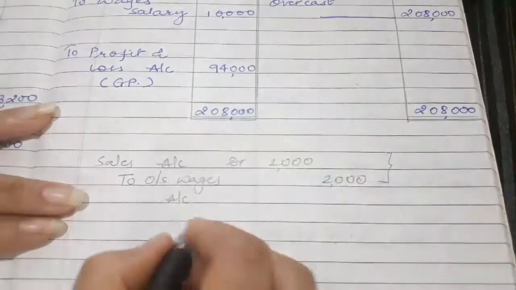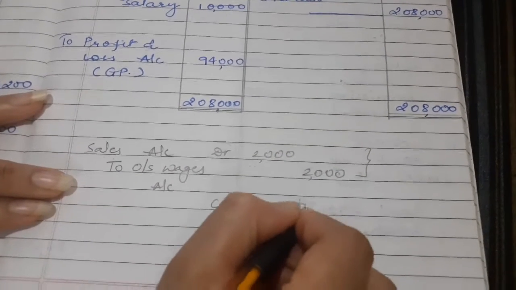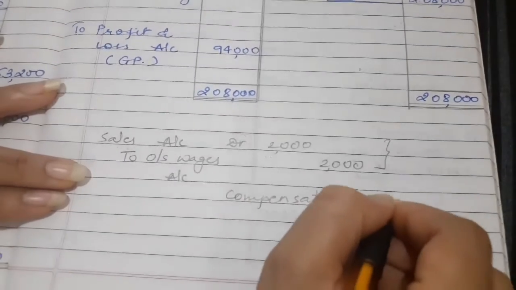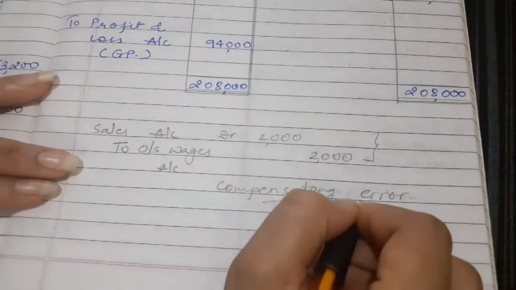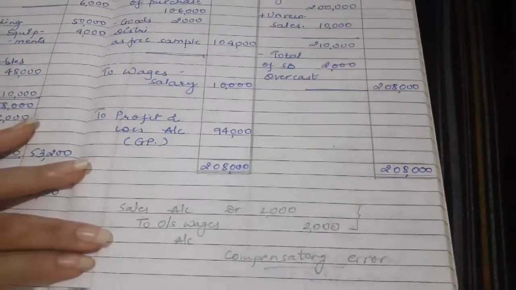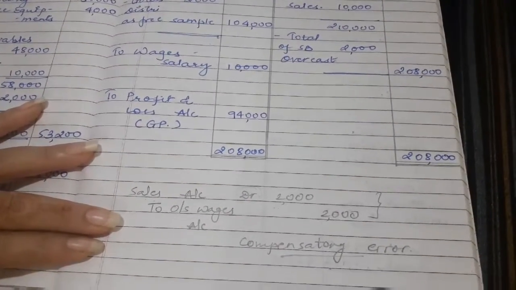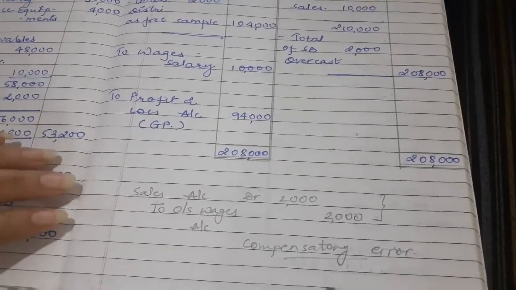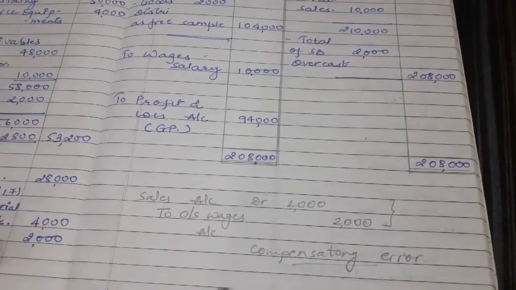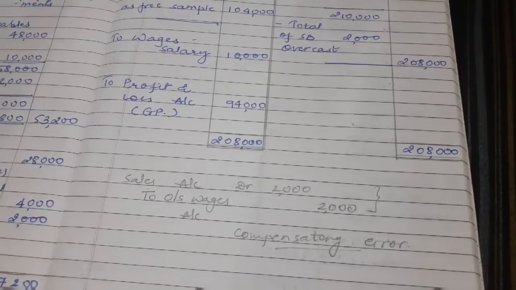This is known as a compensatory error, and due to the effects which are already given in the trial balance, the trial balance gets tallied, and the total is 2,86,000.